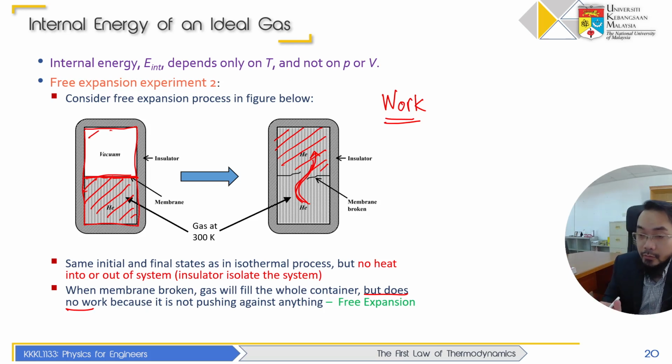But vacuum is nothingness, so the helium filling the vacuum is pushing against nothingness. It's not pushing against a boundary, so it does not do any work, although it is expanding. That's why in a spontaneous expansion like this, the system does no work, because it's not pushing against anything. So we call this free expansion.